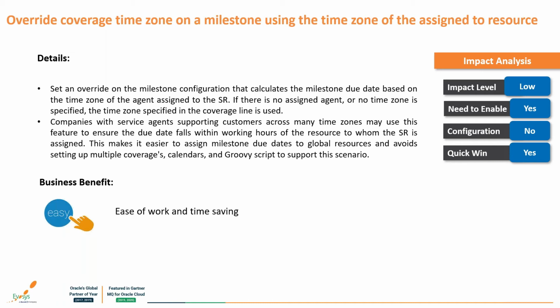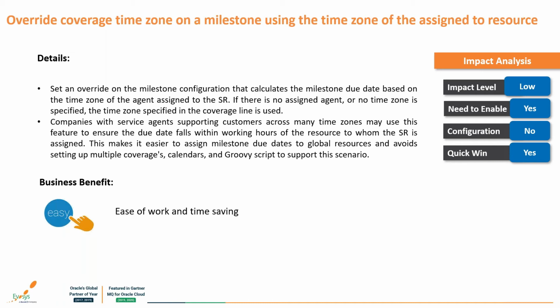This is for companies with agents supporting customers across time zones. If the company is working across different time zones, this new feature of 21B is very useful, because now you can set an override on the milestones, configuring that milestone due dates are calculated based on the time zone of the agent assigned to that SR.